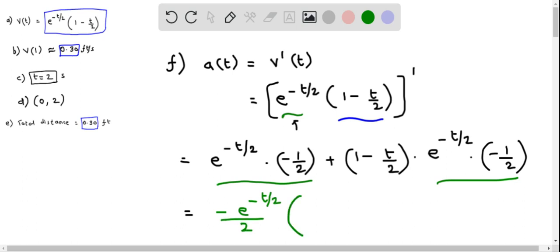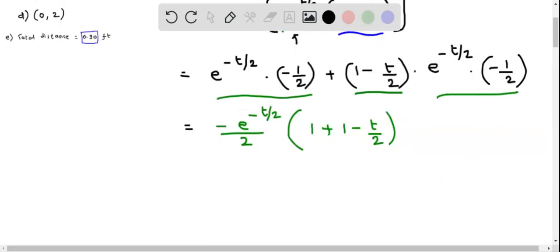I'm factoring this, and so when I do that, I get 1 plus 1 minus t by 2, because in the second term we have only this expression. And so this equals, simplify this. In fact, we can write this as a negative of 1 over 2 times e power negative t by 2 times 1 plus 1, which is 2, minus t by 2.